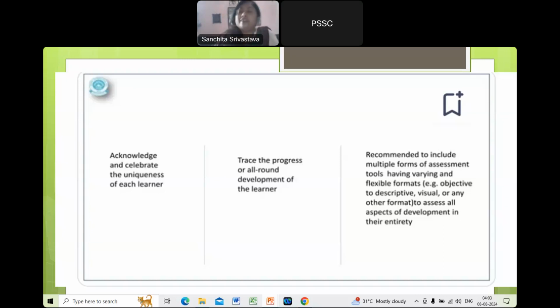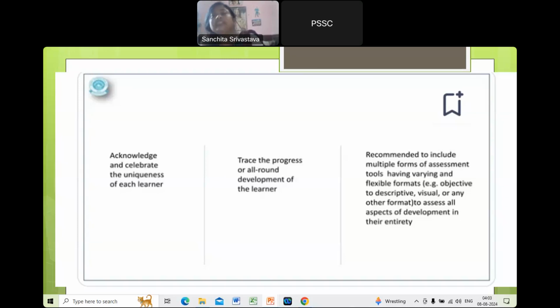Yes, we have to recommend that multiple form of assessment. Now, multiple form of assessment, multidisciplinary. Now, see, can you name one, just one topic where this multidisciplinary assessment is done? Integrated learning. I give you a hint.